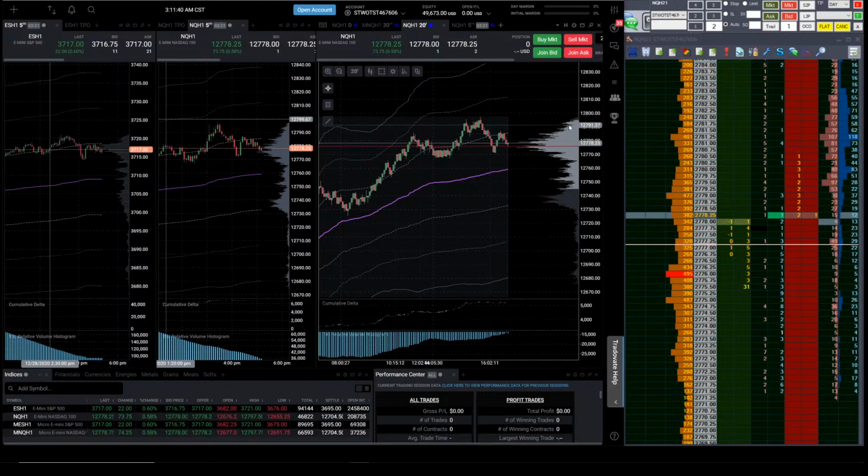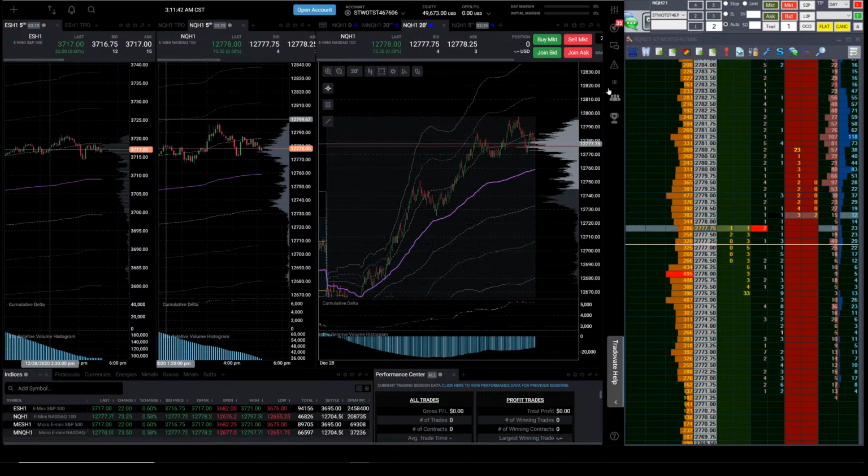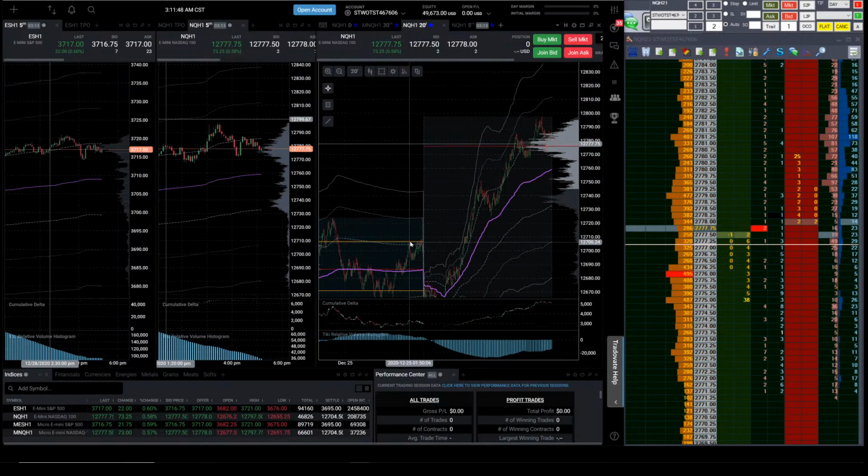Now, the way this works is during the overnight, you'll see that the volume profile is over here and that there is not a value area high, value area low, but rather a point of control. However, you can tell by the graphics on the histogram, the light gray is the value area, the dark gray is outside the value area below and above.